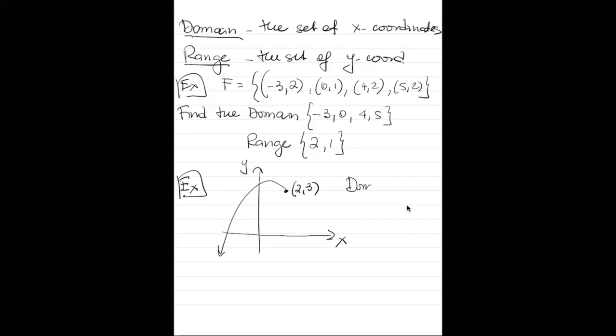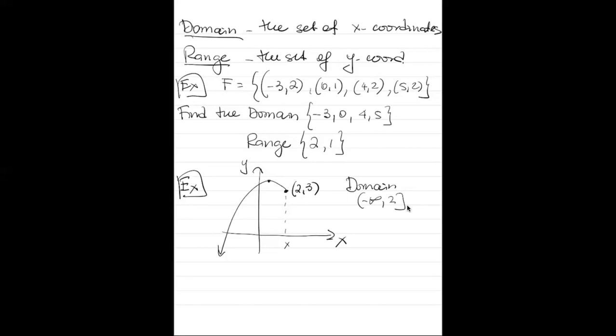So to find the domain, you look at all x values. So we start from left to right, from negative infinity to 2, including the 2, because it's a filled-in point here, (2, 3). And for the range, I do need this point right here.